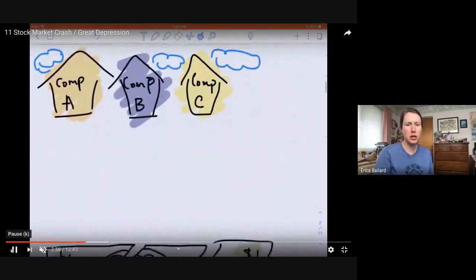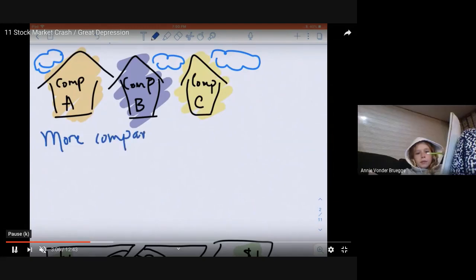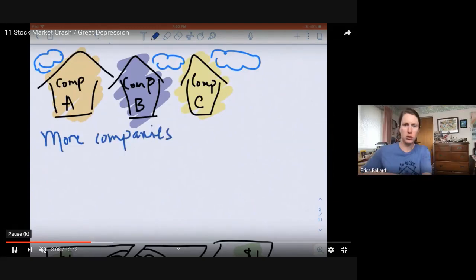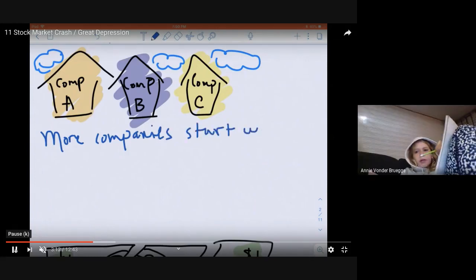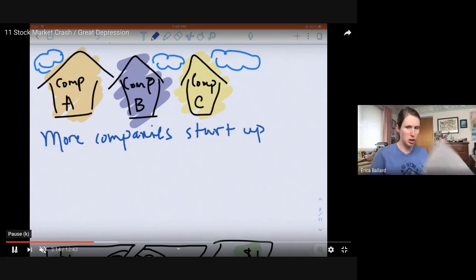All right. So we have our 3 companies, company A, B, and C. So, more companies. Is this number 4? This is number 4. More companies start up to get a piece of the pie.